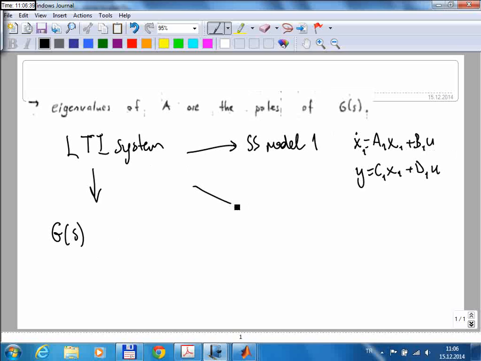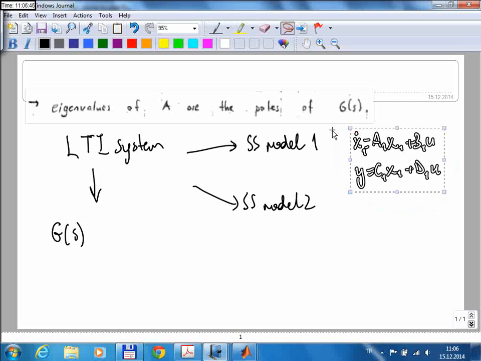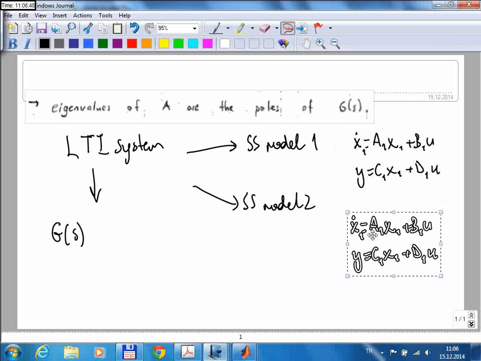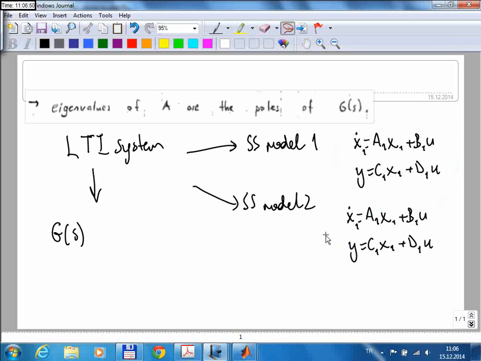And then there may be a different state space model. Let me call this 2. And this second state space model will have different matrices. So this is the second set of matrices, A2, B2, C2, and D2.